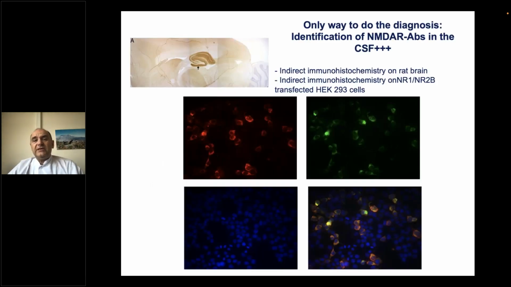And so to make the diagnosis, the only way is to identify the NMDA receptor antibodies in the CSF of the patients, and to perform, as Joseph Dalmau, a direct immunohistochemistry to see the typical pattern staining of hippocampus, and to perform the cell-based assay with transfection of NMDA receptors, and to perform indirect immunohistochemistry with IgG labeled in red, and to see that only the cells transfected with NMDA receptors are recognized by the IgG of the patients, demonstrating that there are anti-NMDA receptor 2 antibodies in the CSF.